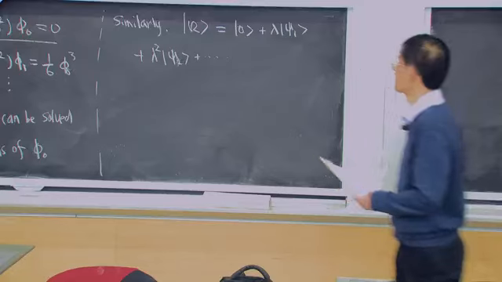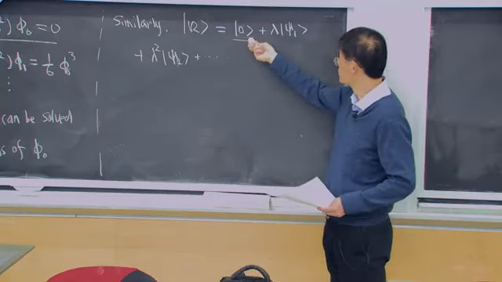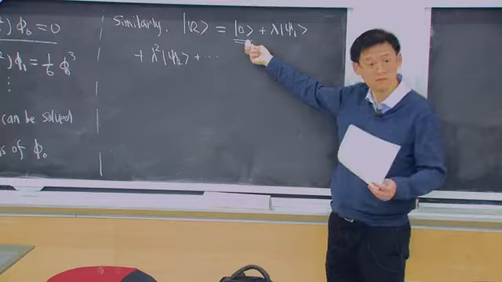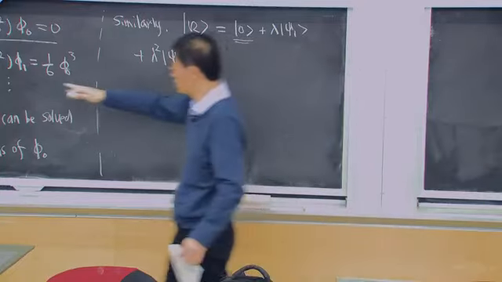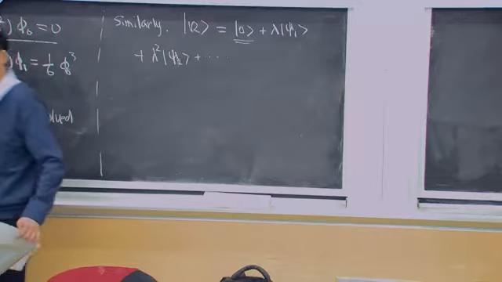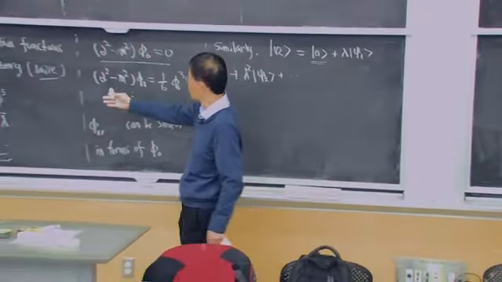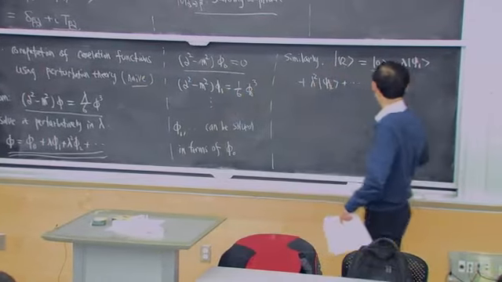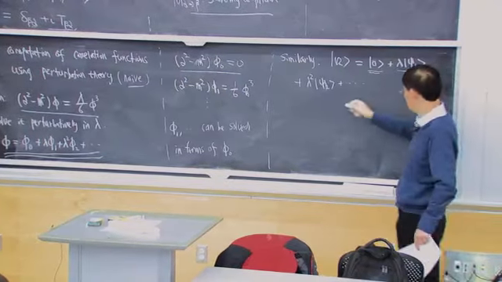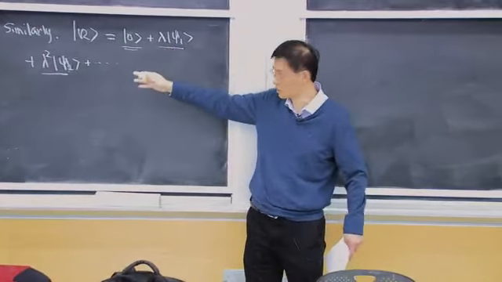At the 0th order, you just get the free theory vacuum, and then you will have corrections due to the lambda. Because of the interactions, your Hamiltonian changes, and so your ground state will also change. You can use your 8.06 to work out those higher order corrections.